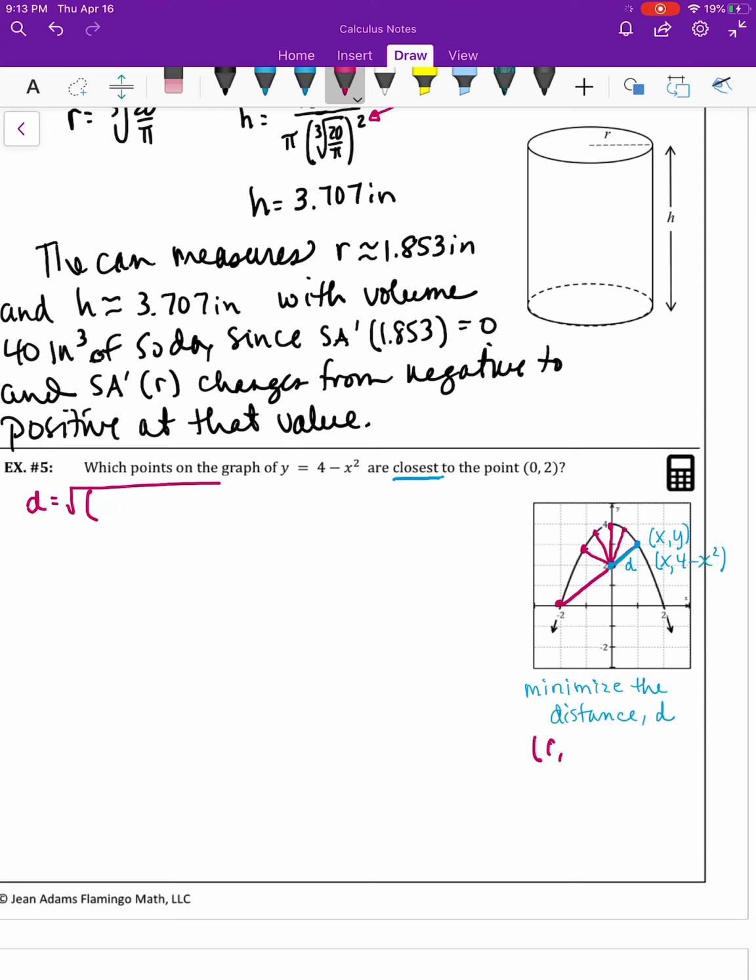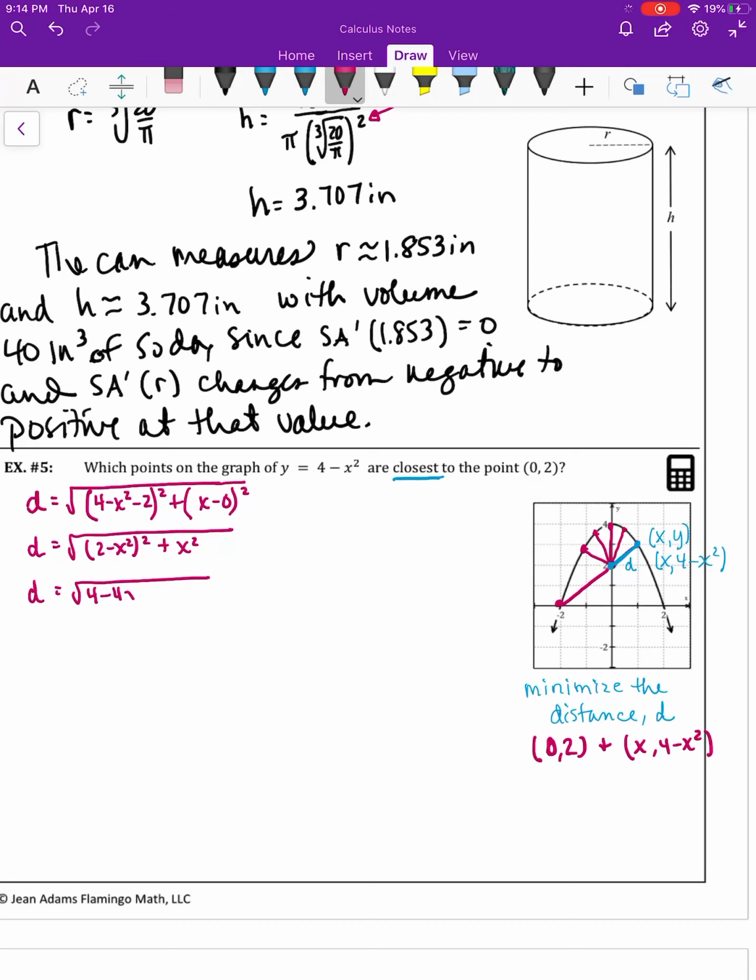So we need a distance equation. We're going to use the distance formula, square root of, because our 2 points are 0, 2, and x, 4 minus x squared. So y2 minus y1, so 4 minus x squared minus 2 squared plus x minus 0 squared.